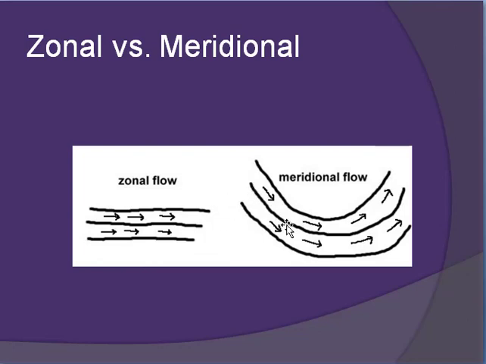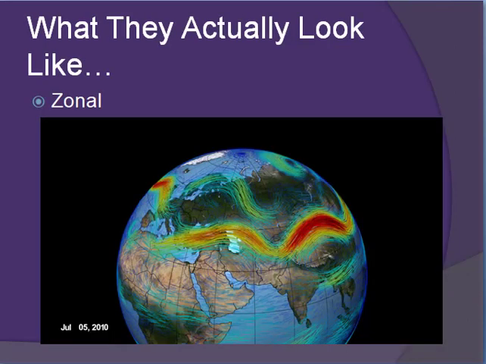But when we have meridional flow, that means cold air is advancing in one part of the world, or in our case, the country, and therefore warm air is retreating downstream of the jet stream. So when we look at the differences here, this would be more along the lines of a zonal flow. Yes, there is a little bit of waviness to it, but right in this section here, you can see how the jet stream is more or less flat.